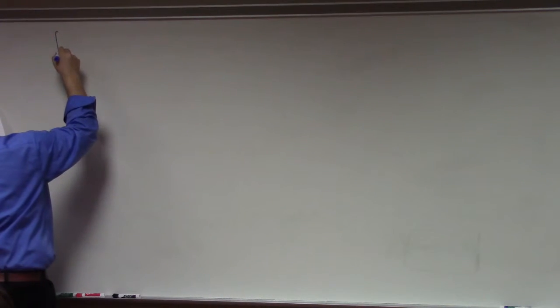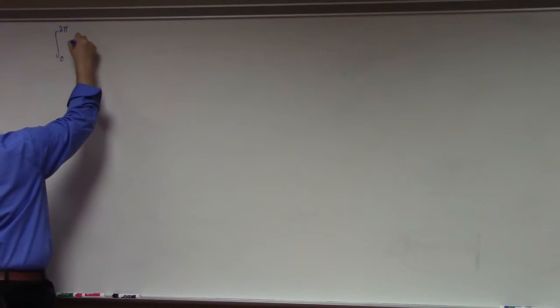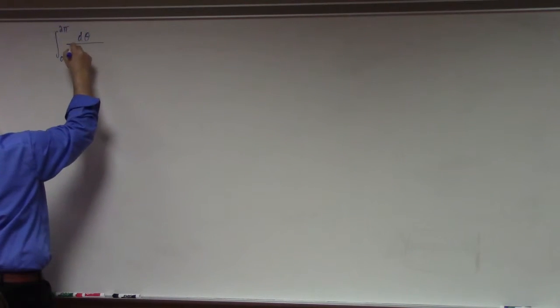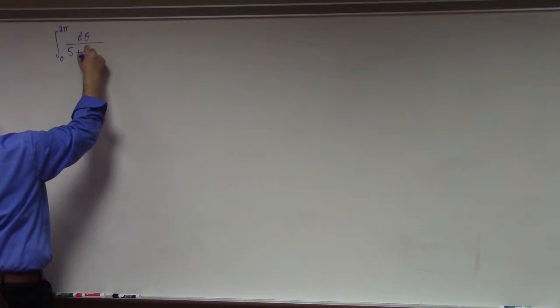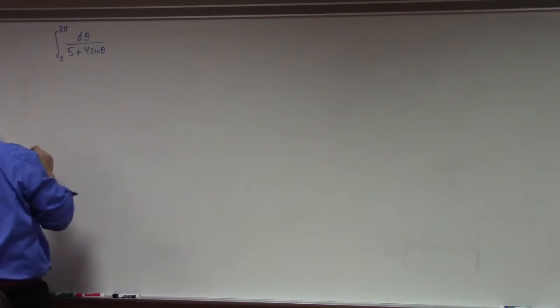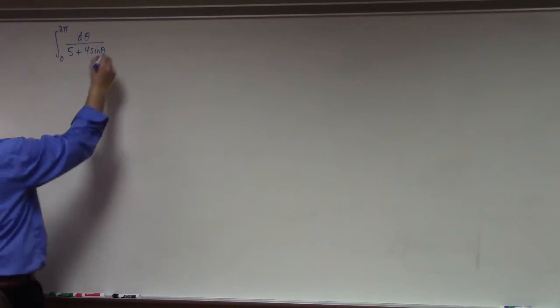Here it is. Integral from 0 to 2 pi d theta over 5 plus 4 sine theta equals what?